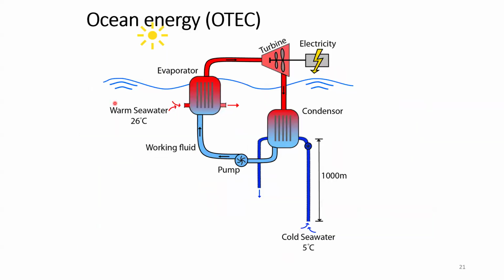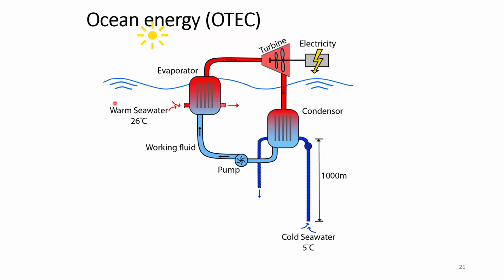Ocean energy is also very site specific. There is a temperature difference in the ocean, between high and low temperature. In some places the high temperature is in the deep sea, and in some places at the surface level, depending on the location.